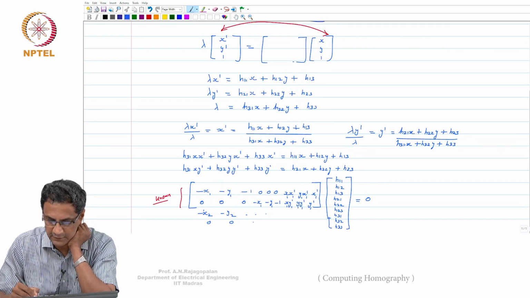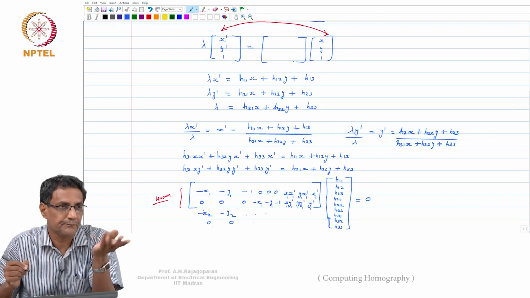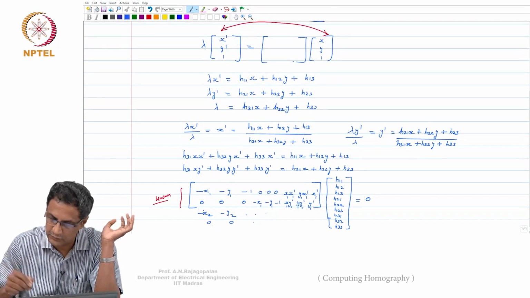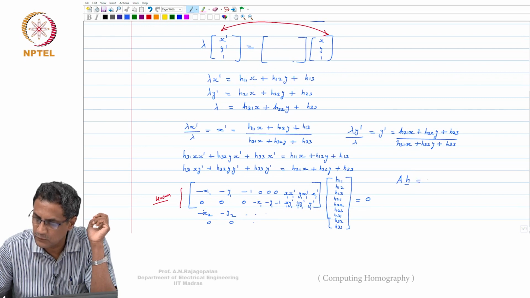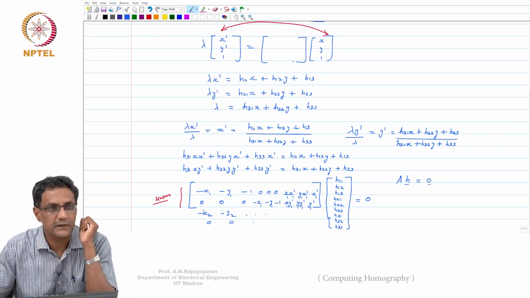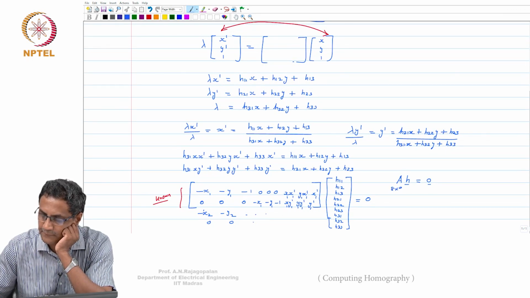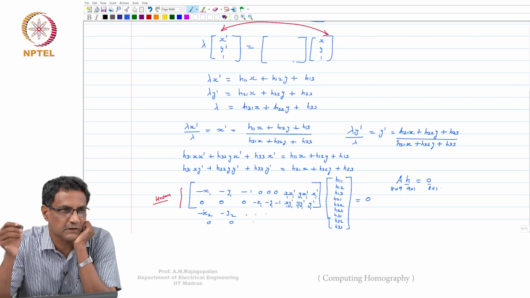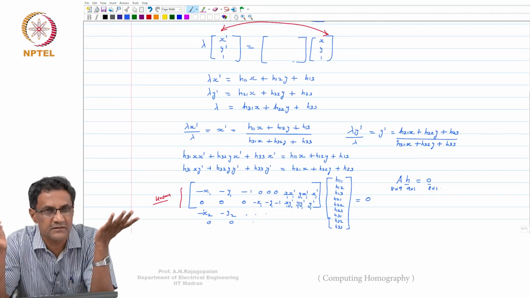So you'll have x1, x2, x3, x4, giving 8 rows minimum. You can of course use more. We can write this whole thing as A multiplying H equals 0, where 0 is actually a vector. A is 8 cross 9, H is 9 cross 1, 0 is 8 cross 1. So 0 is a vector, not a scalar. AH equal to 0 is also called a homogeneous least squares.